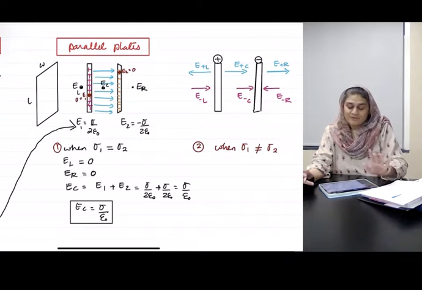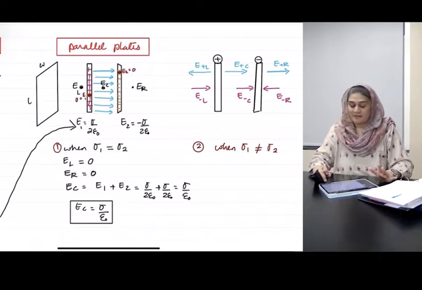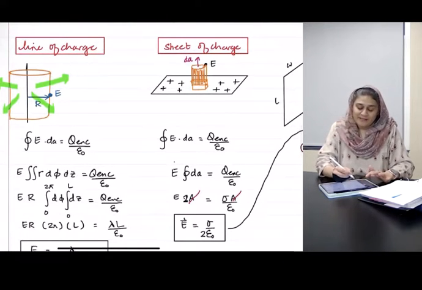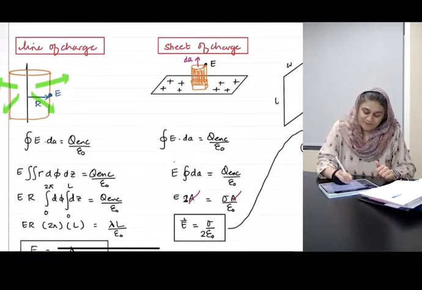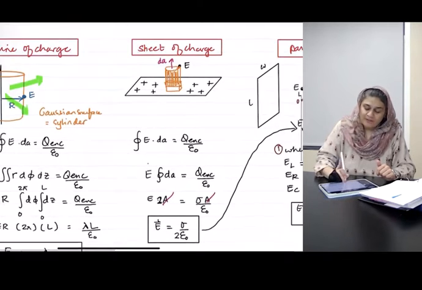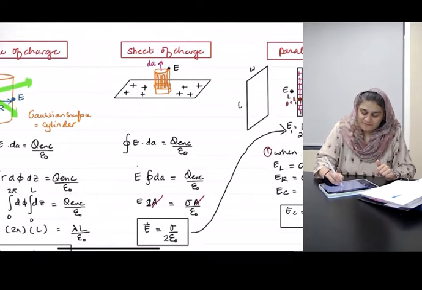Okay, so that's two symmetries that we've talked about. We talked about a cylindrical Gaussian surface. That was a cylinder. We talked about the Gaussian surface that was a pillbox.